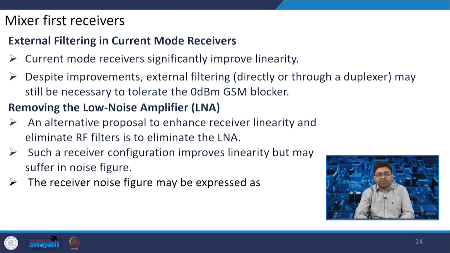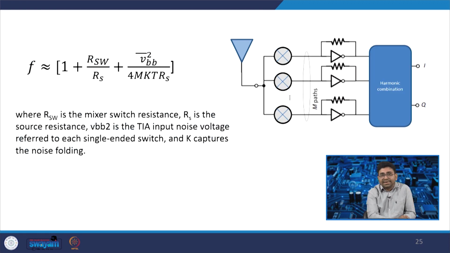Such a receiver configuration improves the linearity, but because we have removed the low noise amplifier, it will increase the receiver noise figure. So, this is the mixer first receiver architecture, where there can be different mixers, such as a quadrature mixer, and the noise figure depends upon the switch resistance R switch.